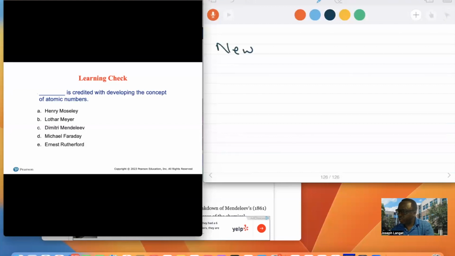There is Newlands. You need to know their contribution as well. Newlands, the law of octaves. His first name is John.